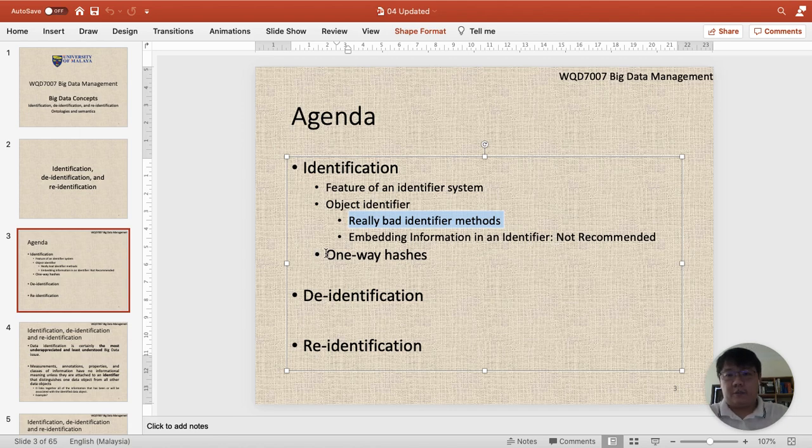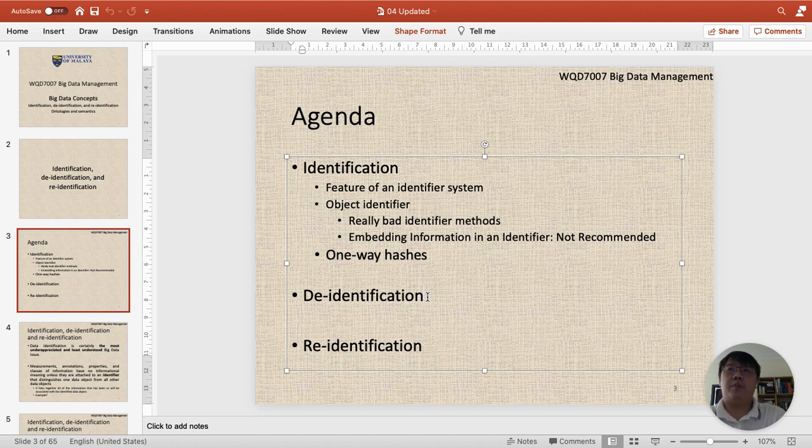And then there are one-way hashes for you to hide the information from your ordinary identifier. You can transform it using one-way hashes, but still have a way to identify your data. Of course, this one-way hash will help you do a de-identification process.